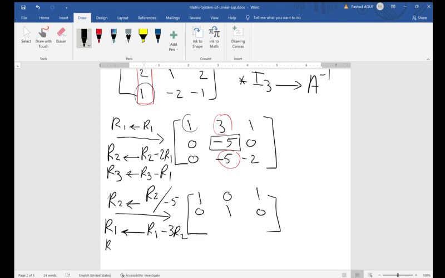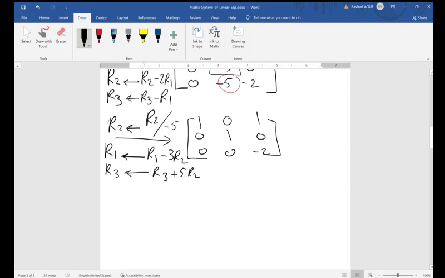The new row 3 is old row 3, and the opposite of minus 5 is plus 5, so plus 5 row 2. I obtain 0, 0, minus 2. So I finish the second element on the diagonal.